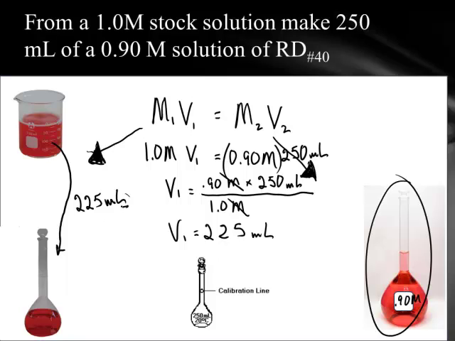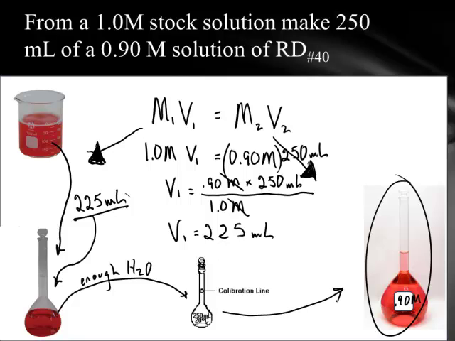I'm going to put that 225 milliliters of my stock solution, the 1.0 molar solution, into my volumetric flask. I'm then going to add water. How much water? Enough water to fill this up to my calibration line of 250 milliliters. And I will then have 250 milliliters of a 0.9 molar solution.